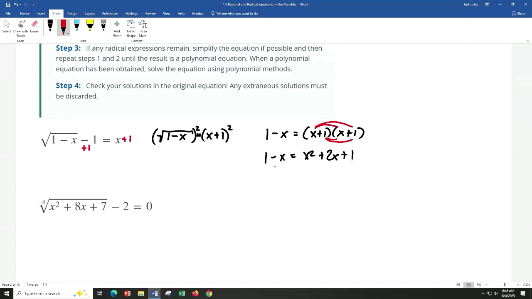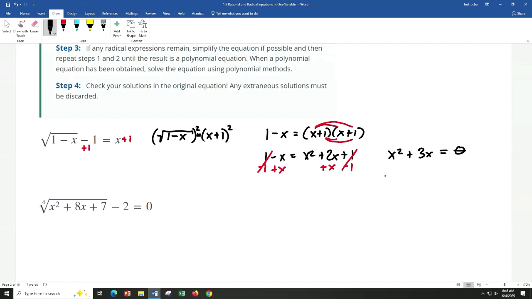So notice I'm going to add x, subtract 1, and subtract 1. Well, this is going to cancel out here, but notice what else cancels out? That cancels out as well. And so then for this one here, we are just left with x squared plus 3x all equal to 0.